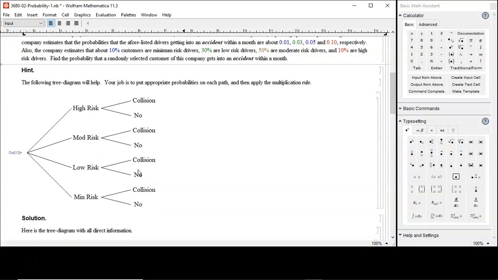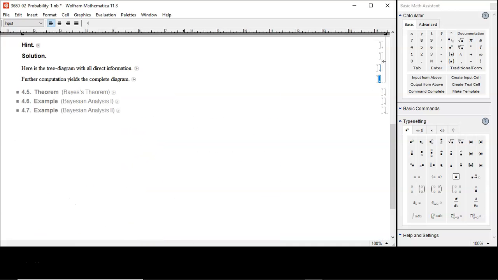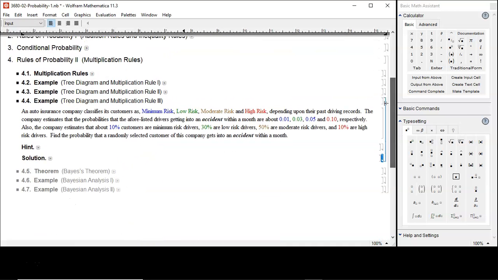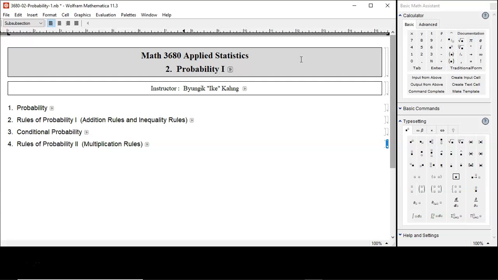But in reality, this is the way to go. And getting the initial tree is often difficult. Alright, remember, getting the initial tree is often difficult, and that's going to be particularly the case in the next lesson when we deal with Bayesian analysis problems. And these problems will be reproduced in lesson 3, and we're going to study these in far more detail in the next module.